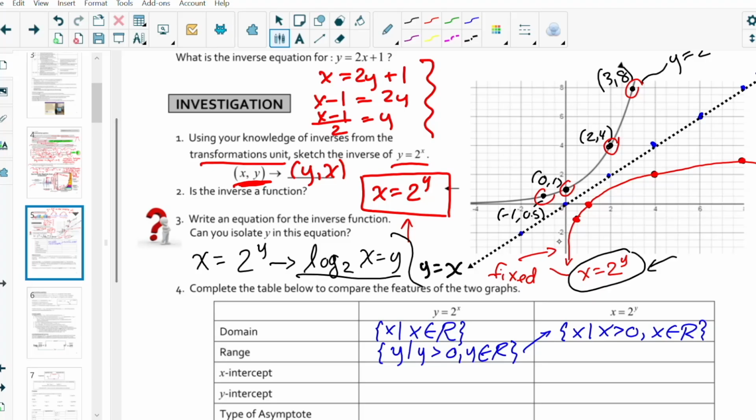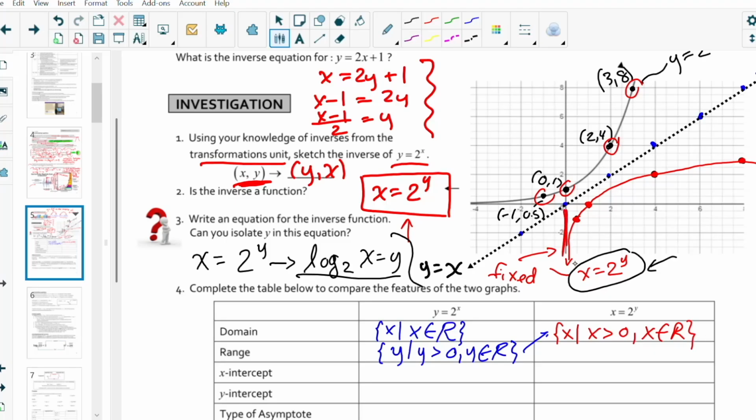Back to domain and range. So you can see that the domain is x greater than 0 for the logarithmic function. Let me write it in the color so it's visually more appealing here. So x such that x is greater than 0, x is an element of all real numbers.